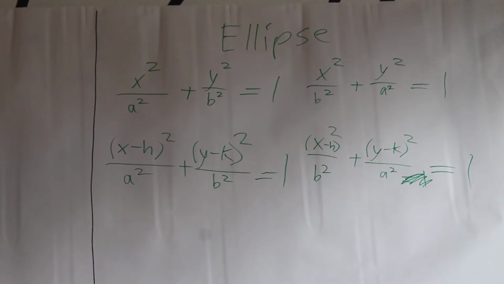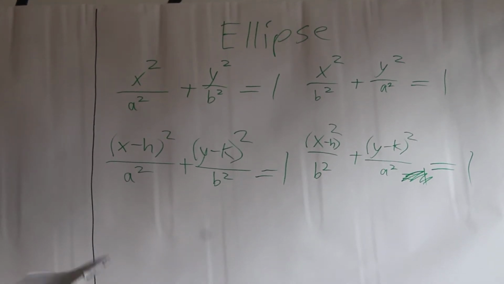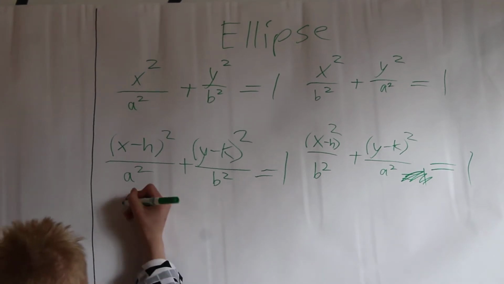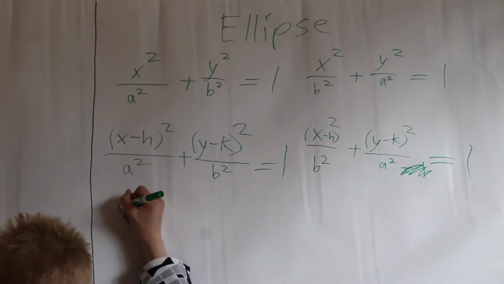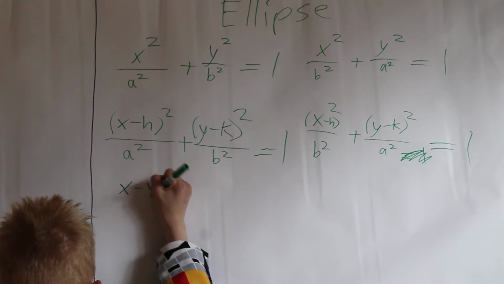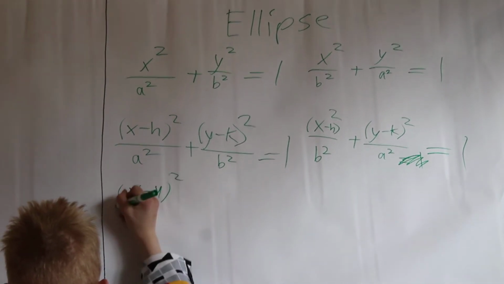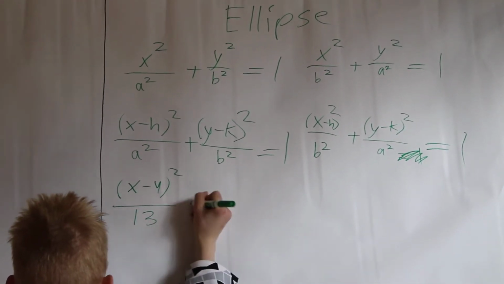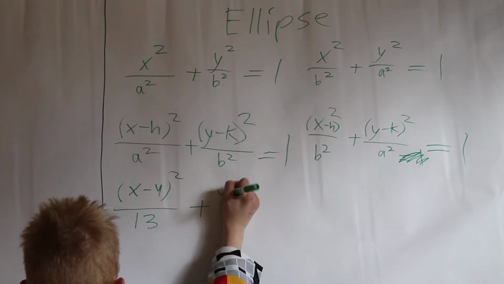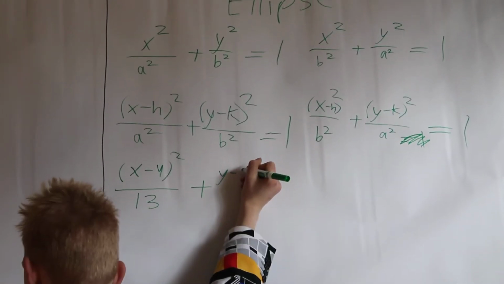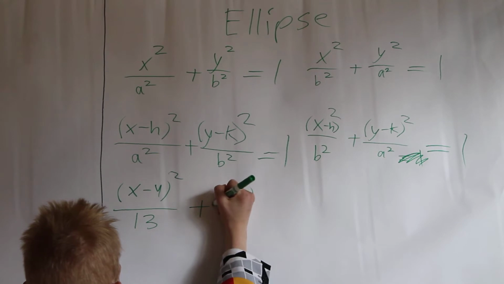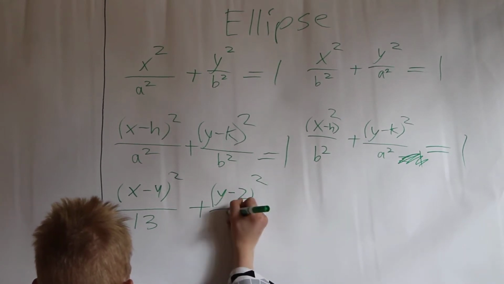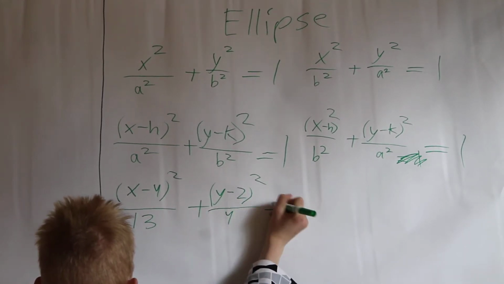So I'm going to give you guys a sample problem, and we are going to graph it real quick so I can show you how to graph an ellipse. So we have (x minus 4) squared over 13 plus (y minus 2) squared over 4 equals 1.